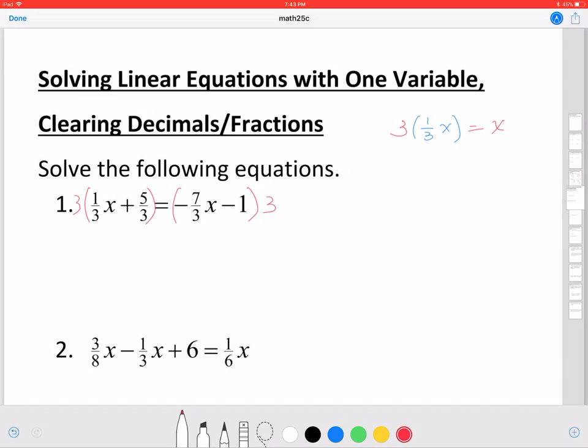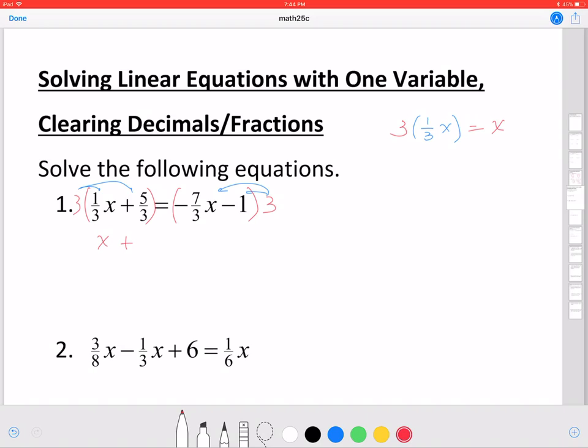Remember, with equations you can pretty much do almost anything as long as you do the same thing on both sides. So if we do that, 3 will be distributed, and let's see what happens. This will just become x, like what I just wrote down earlier, 3 times 1/3 x.